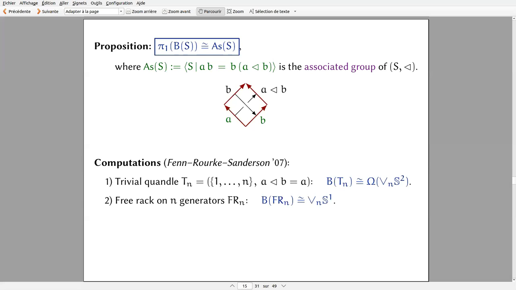And for the free rack on n generators, this rack space is a wedge sum of n circles. So these are very understandable objects, topologically speaking. That is why you can extract cohomology computations from these things.